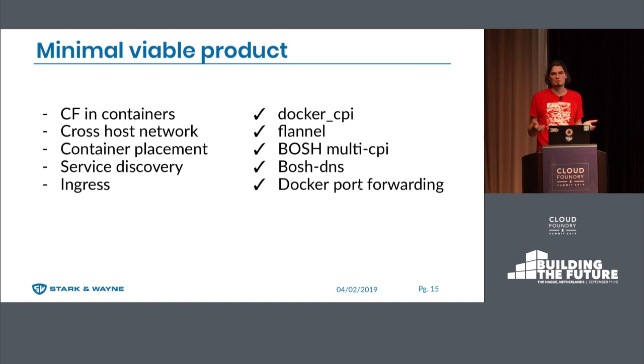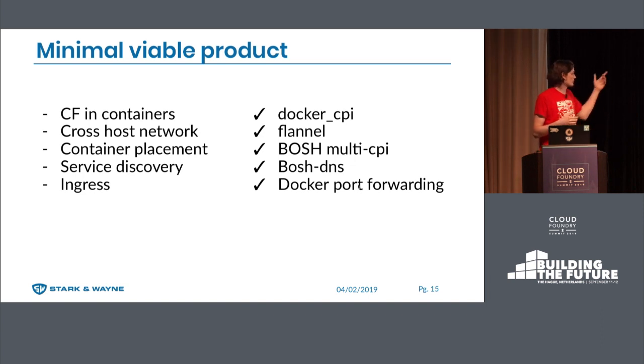Yeah, container placement. I'm calling it placement, not scheduling, because we just want to deal with the life cycle of containers on different hosts. And we want to be able to update those and take action if they are gone. And for that, we can actually use BOSH multi-CPI, in which we can have different availability zones mapped to a different instance of the cloud provider.